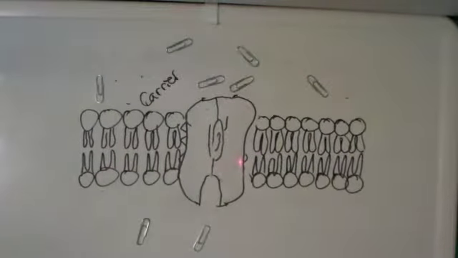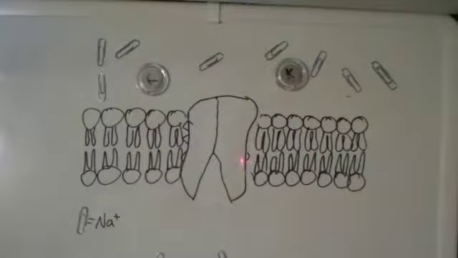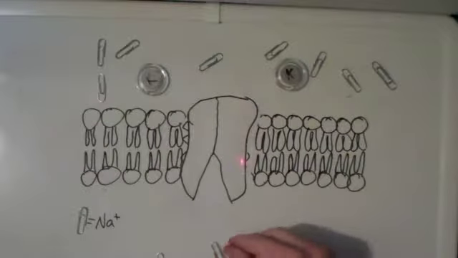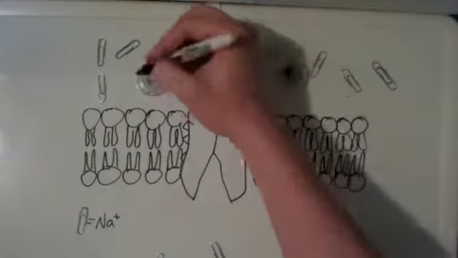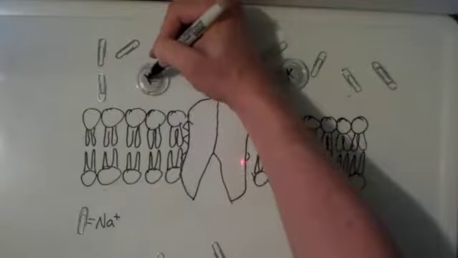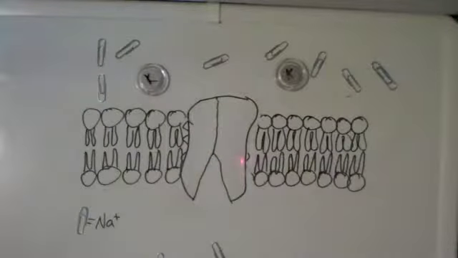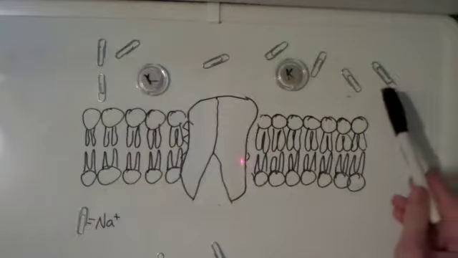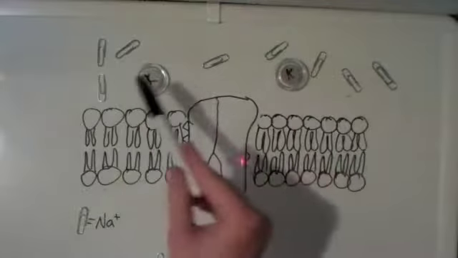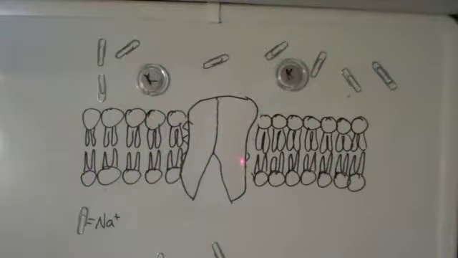How does that work? So let's say these paper clips are our sodium, and these magnets over here are potassium. As you can see, there's a lot more sodium on the outside of the cell, and we want to get this sodium to go against its concentration gradient. How does it do that?